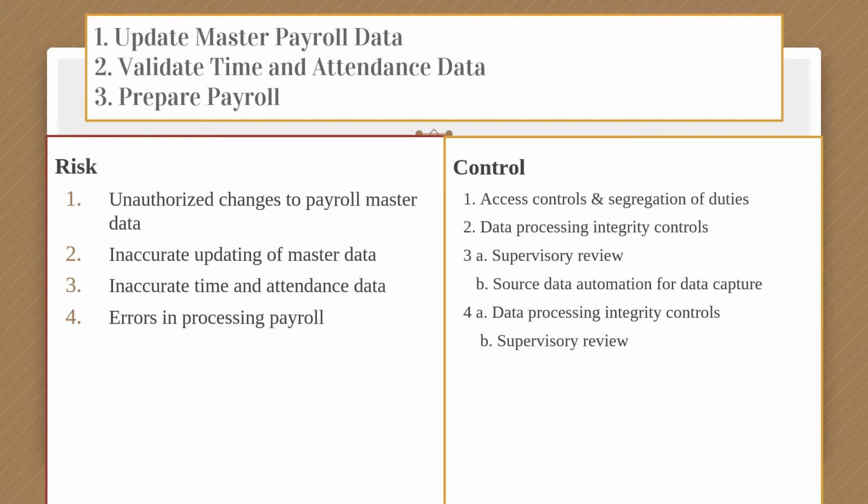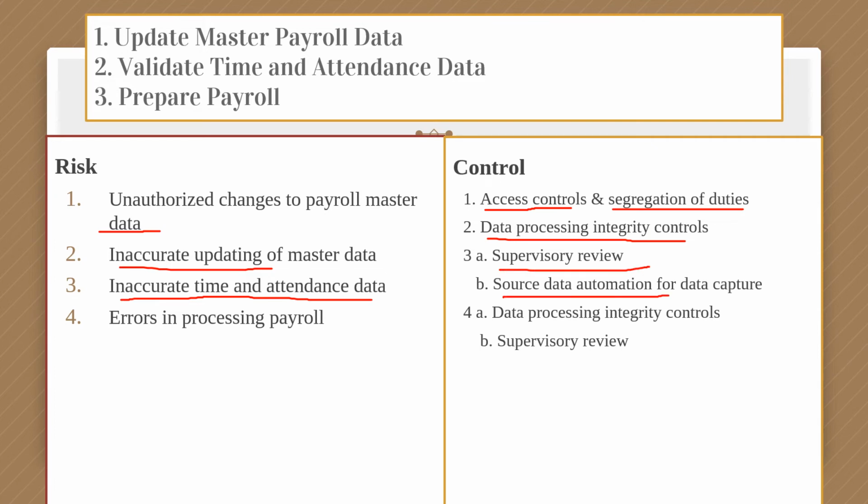So for the first one, unauthorized changes to payroll, the control is access controls and segregation of duties, whereas for the second one, inaccurate updating of master data, we have data processing integrity controls. For inaccurate time and attendance data, we have two controls: first, supervisory review, and source data automation for data capture if it is IT.